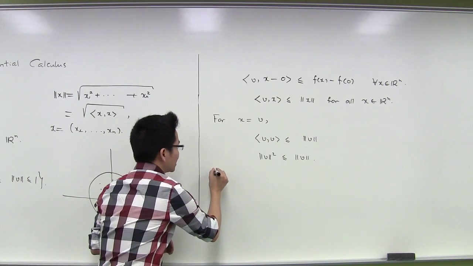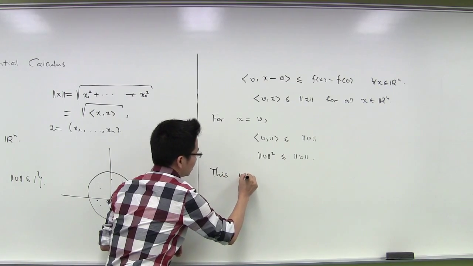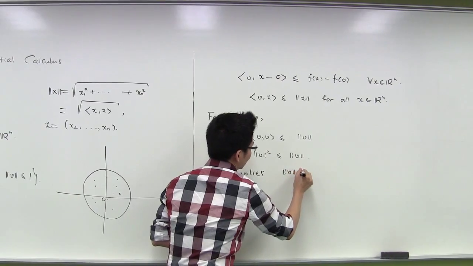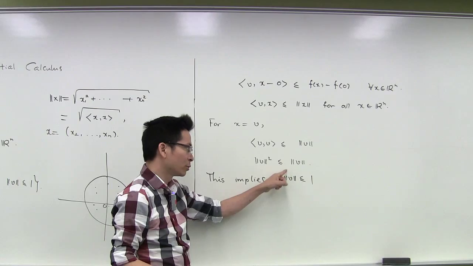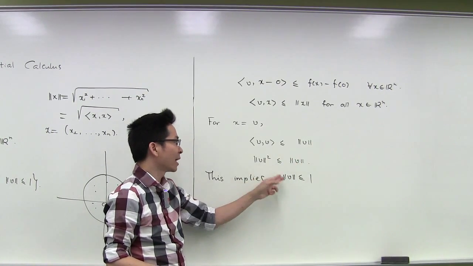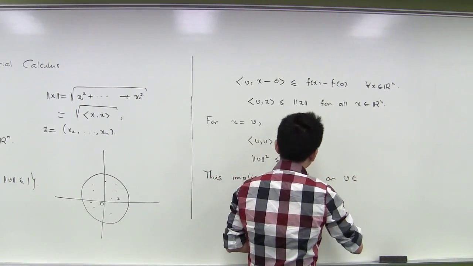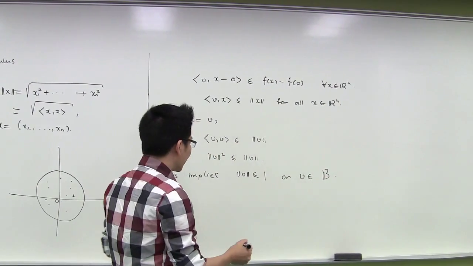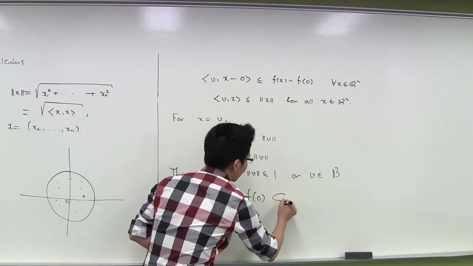So this implies that the norm of v is less than or equal to 1, because in the case where v is 0, for sure this is true. If v is not 0, we can divide both sides by the norm of v and obtain this. So v belongs to the closed unit ball B. We have shown that the subdifferential of f at 0 is a subset of B.